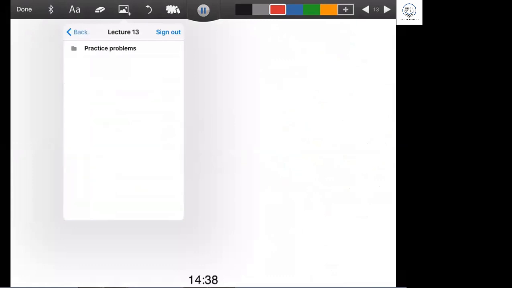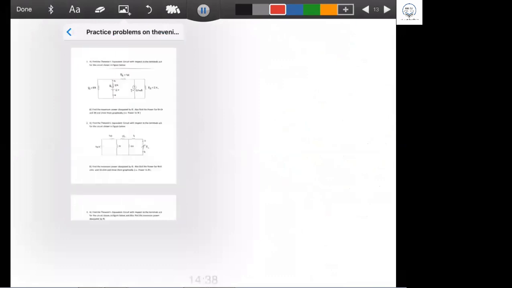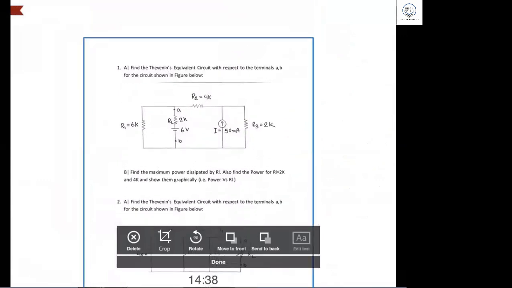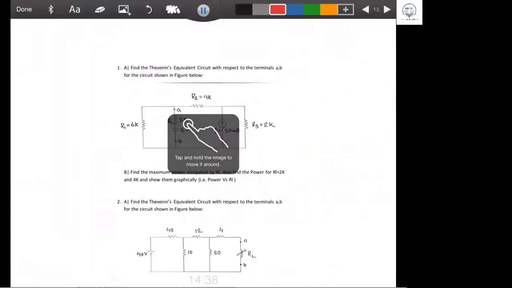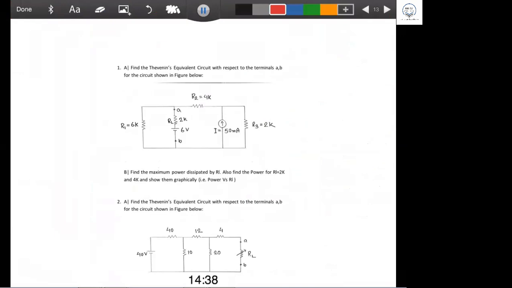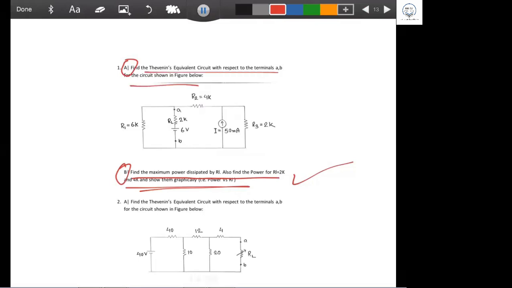If you go to lecture 13 and open the practice problem, you see every question has two parts, part A and part B. Part B is added now; earlier we had given only part A. Part B is the maximum power theorem problem. On the same Thevenin equivalent, you first draw it in part A, and in part B you do the maximum power theorem problem.